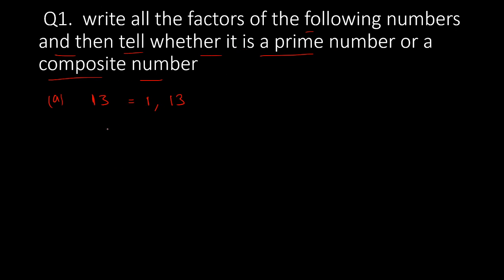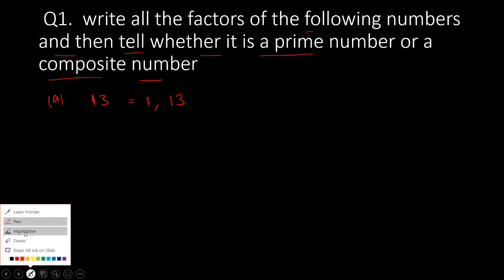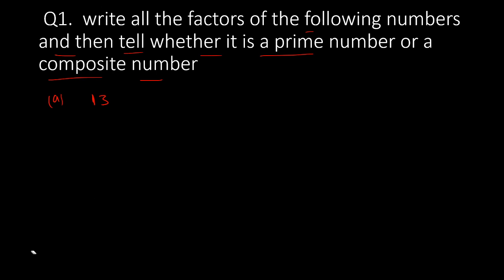So first of all you will write factors of 13 is equal to 1, 13. So is 13 a prime number or a composite number? I have told you if any number has only 1 and the number itself as factors, then it is a prime number. So 13 is a prime number. Okay, now let's talk about the B part.